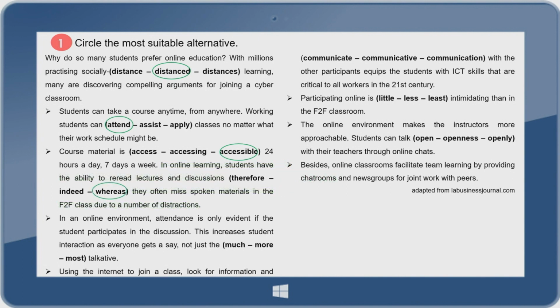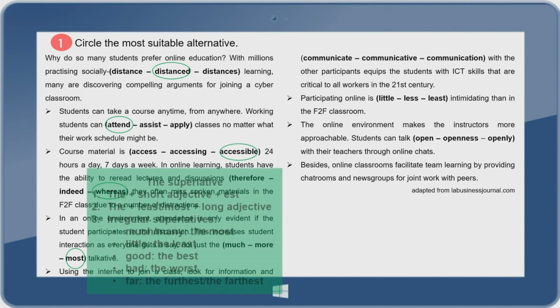In online environment, attendance is only evident if the student participates in the discussion. This increases student interaction as everyone gets a say, not just the before the parentheses and talkative, which is a long adjective. So this reminds me of the superlative form: the plus most plus long adjective.